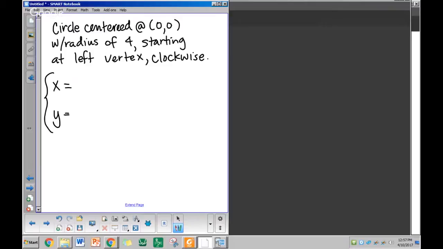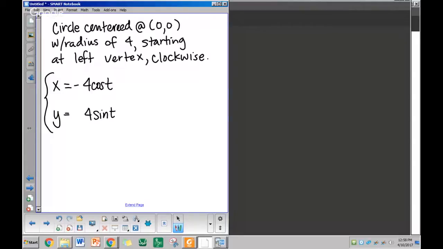So not worrying about the motion yet, we know it's going to be a 4 cosine of t, and then a 4 sine of t because they come in pairs. And since it's centered at the origin, there's a plus 0 and a plus 0. Now, if you go back to the front page, if you were a betting person, you would suggest that you're going to have the negative up here.